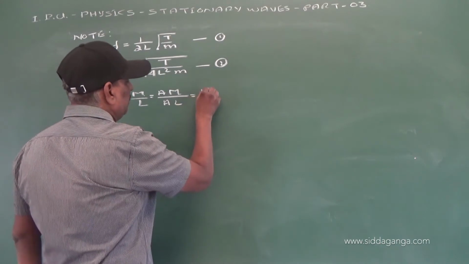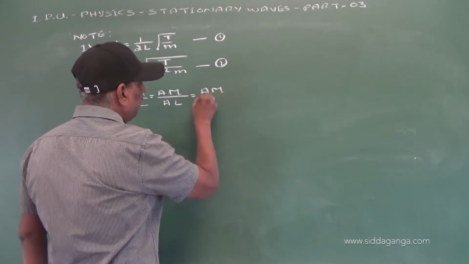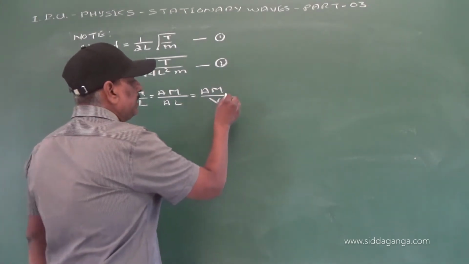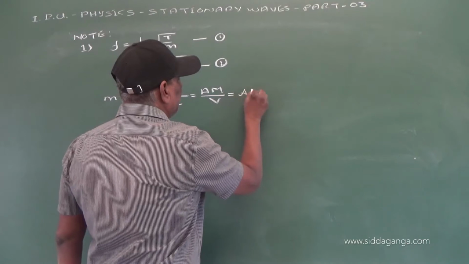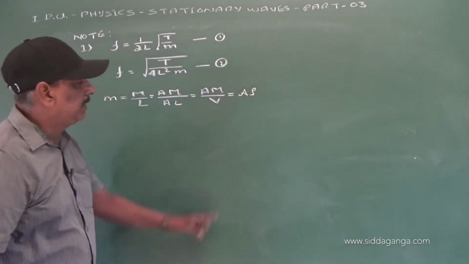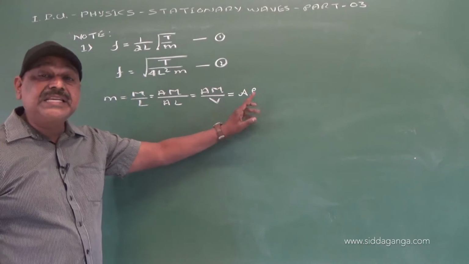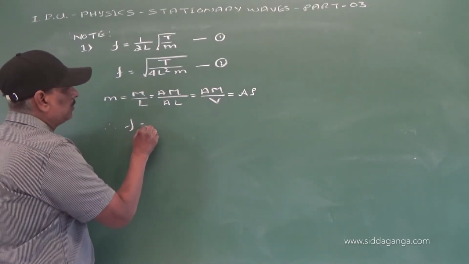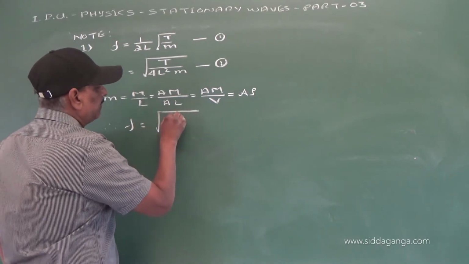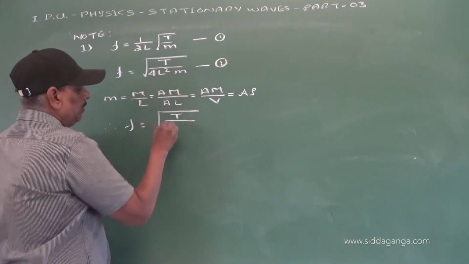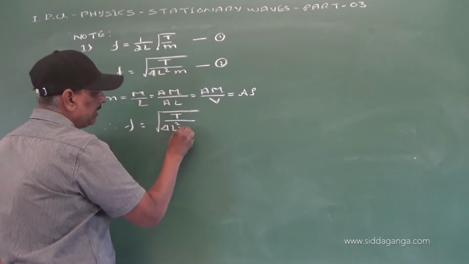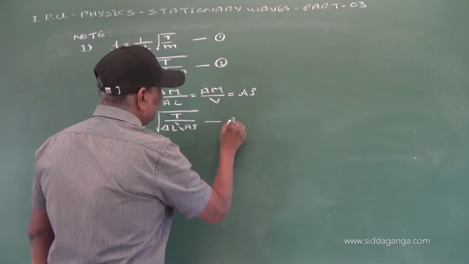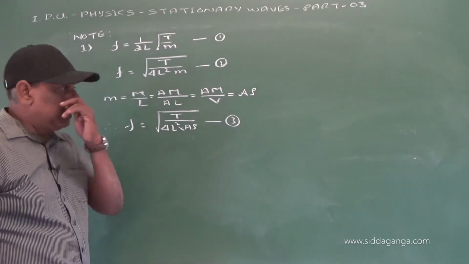This is equal to A into M by V, where V is the volume of the wire. This is equal to A into rho, where rho is the density of the string. So therefore, we have F is equal to square root of T by 4L square into A into rho. We'll take it as equation 3.